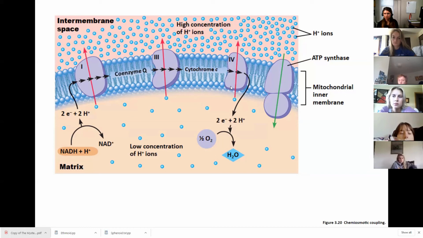So when the whole electron transport chain has run its course, what's left over binds onto oxygen and gives us water.